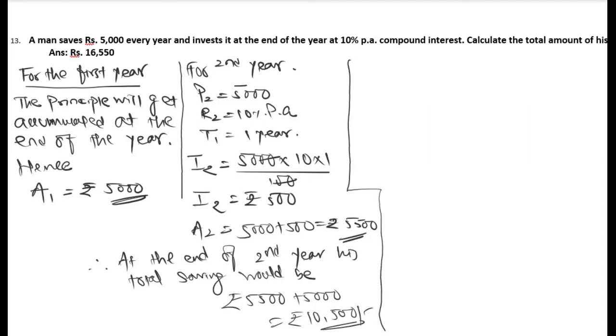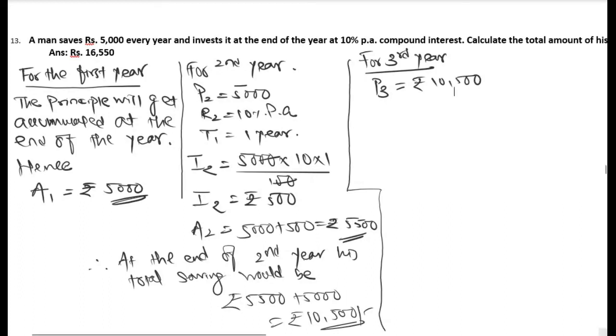Let's talk about the third year. For third year, P3, principal at the beginning of the third year is equal to rupees 10,500.